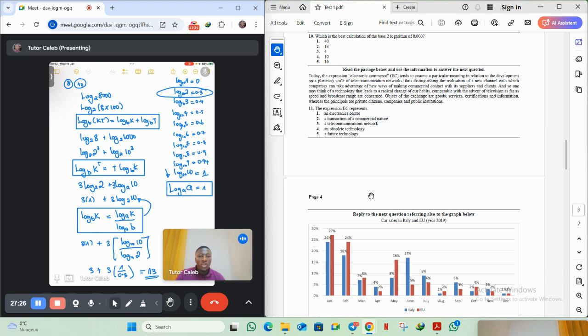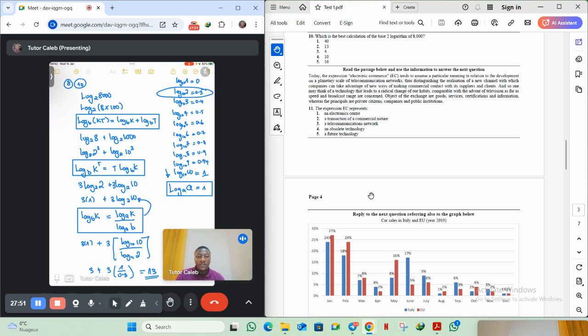And so, one may think of a technology that leads to a radical change of our habits, comparable with the advent of television as far as speed and broadcast range are concerned. Objects of the exchange are goods, services, certifications, and information, whereas the principals are private citizens, companies, and public institutions.